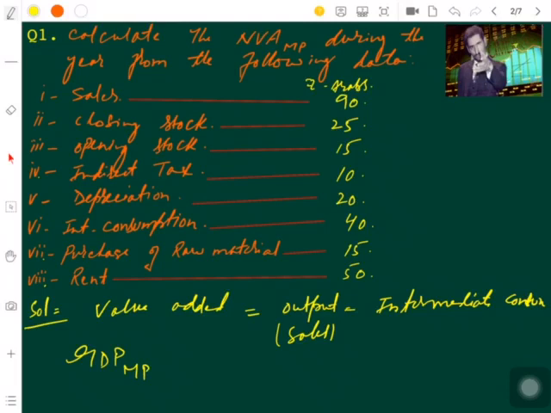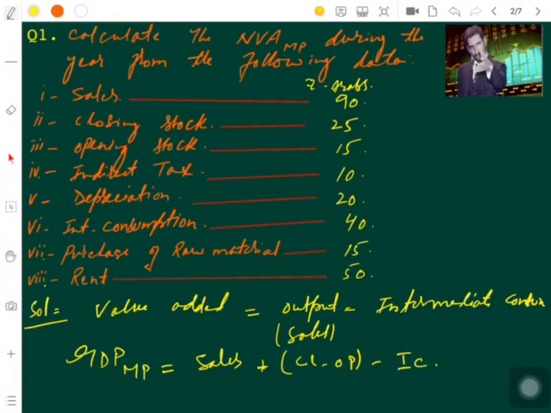Ultimately we have to reach the net value added. So GDP at market price is equal to sales plus change in stock, which is closing stock minus opening stock, minus intermediate consumption.